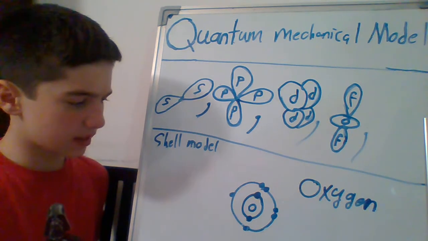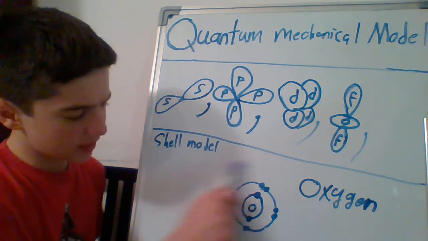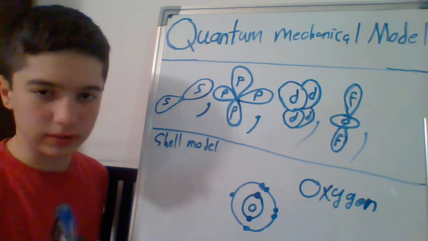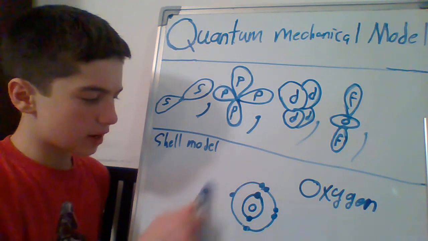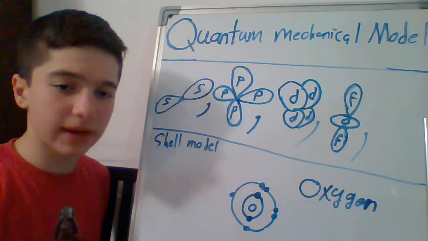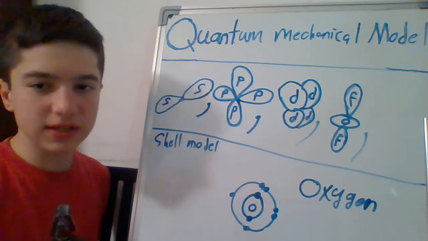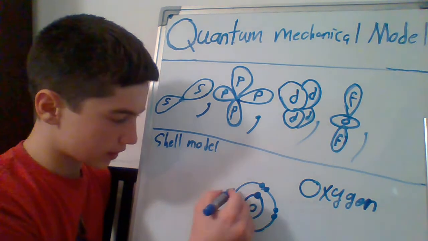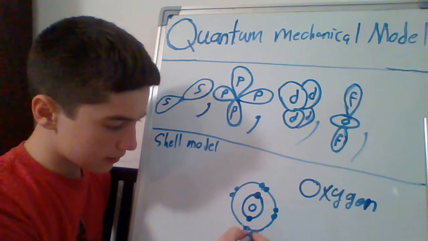Now, what is spin? As you can see here, the second shell can fit a maximum of 8 electrons, but here we have 6. For example, if it took 2 electrons, it's full now.